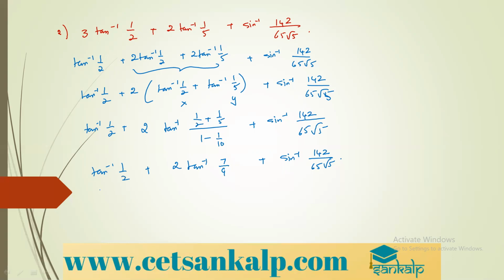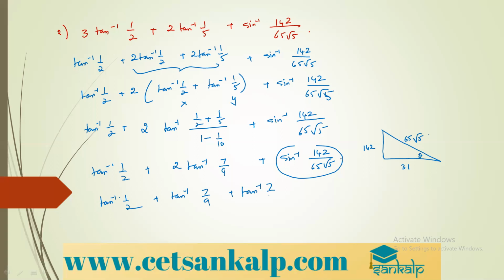Now for this sine inverse, I will take a right angle triangle and write opposite as 142 and hypotenuse as 65 root 5. And then I can get the adjacent by using Pythagoras theorem. I will get 31. So I can write tan inverse half plus tan inverse 7 by 9 plus another tan inverse 7 by 9. Sine inverse, I can change it as tan inverse 142 by 31.